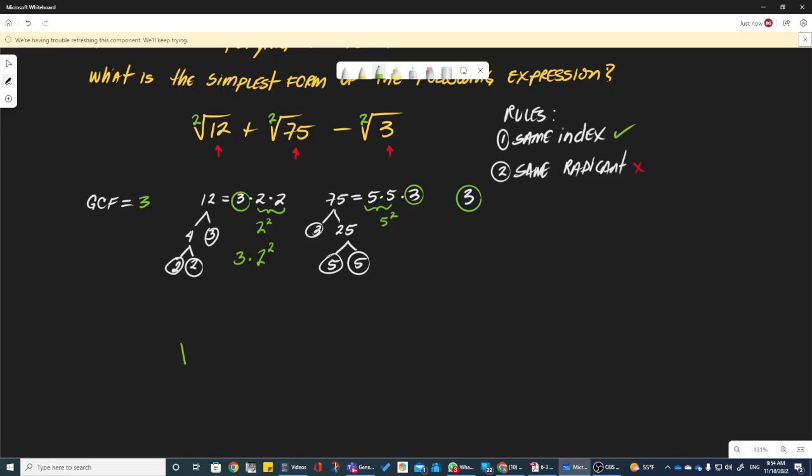So I'm gonna put those guys inside of the radicand symbol, like so. Plus, and then you got these two, which is 3 times 5 to the power of 2.